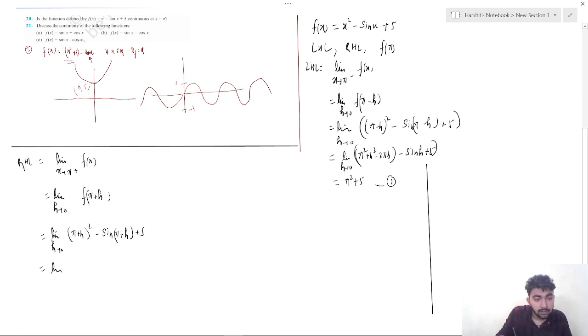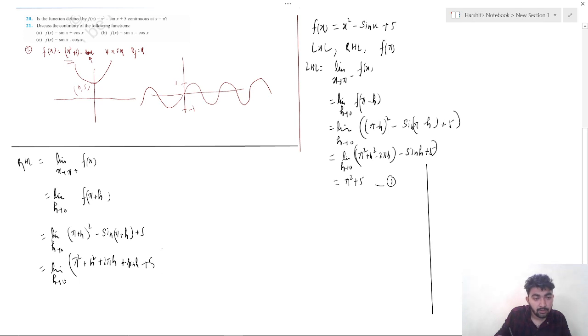If we solve again, the limit as h tends to 0 of pi square plus h square plus 2 pi h, and sine of pi plus h is minus sine h, so it will be plus sine h plus 5.